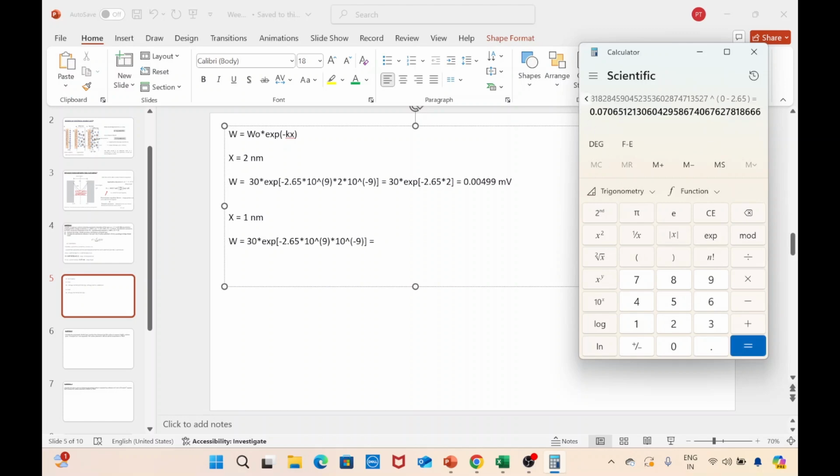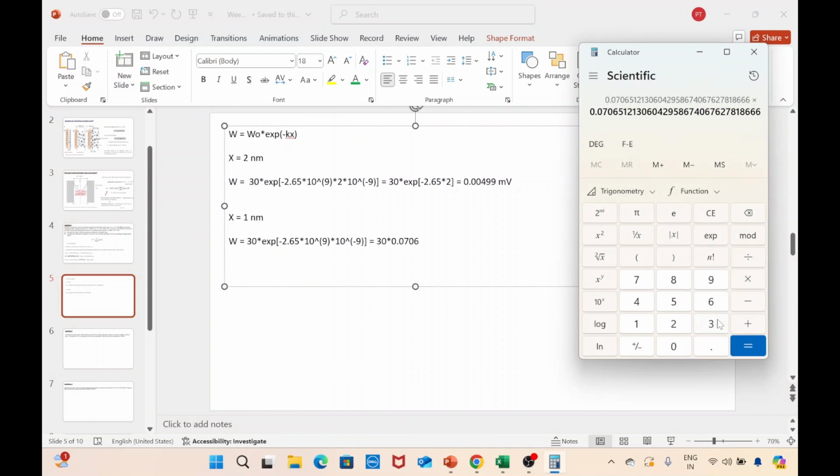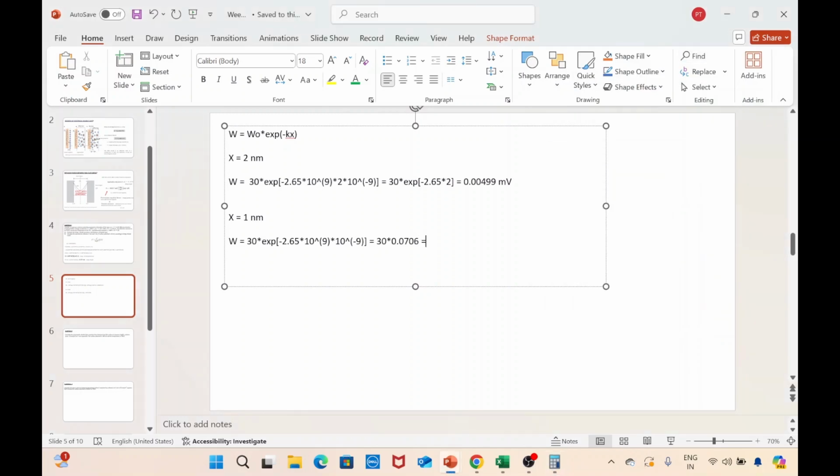So that will be 0.0706. So 30 times 0.0706 is 2.119 millivolt. If you see here, we forgot to multiply by that 30 earlier, so that's a mistake, please correct that.